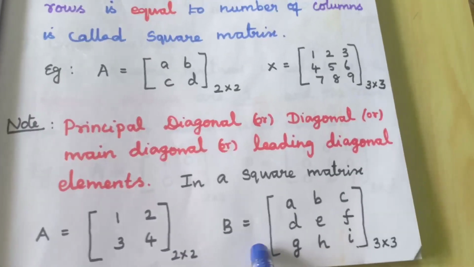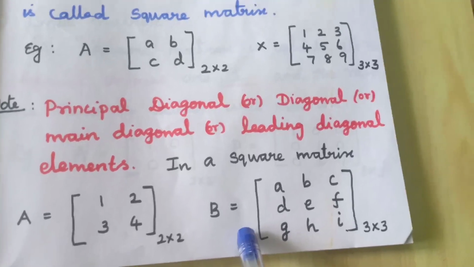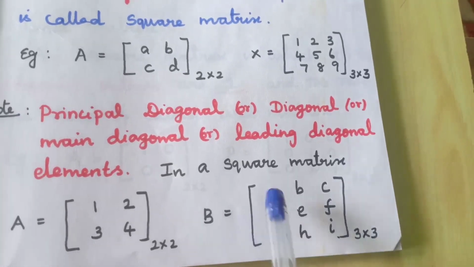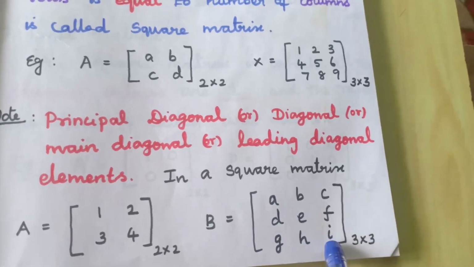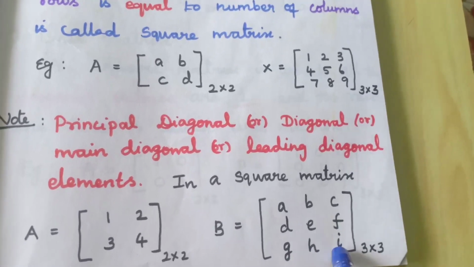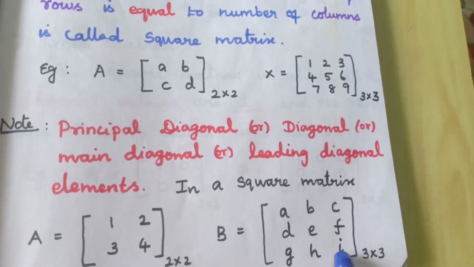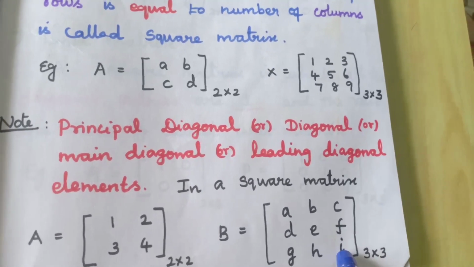In the same way, in the matrix B, what are the leading diagonal elements? A, E, I. So the elements which are in the leading diagonal are called leading diagonal elements or principal diagonal elements or diagonal elements or main diagonal elements.